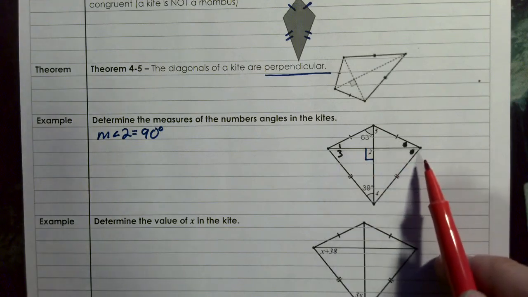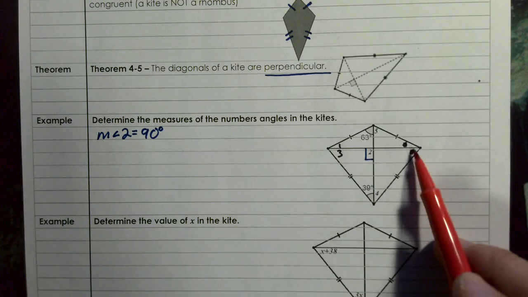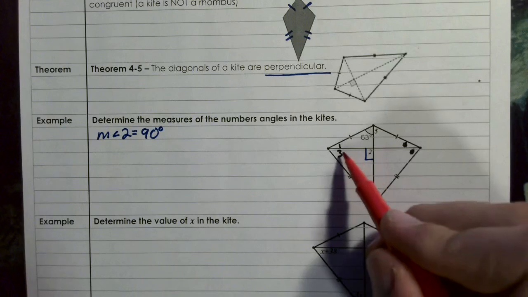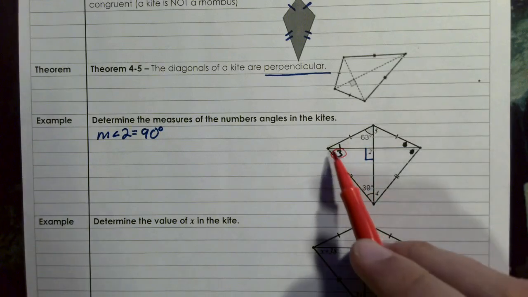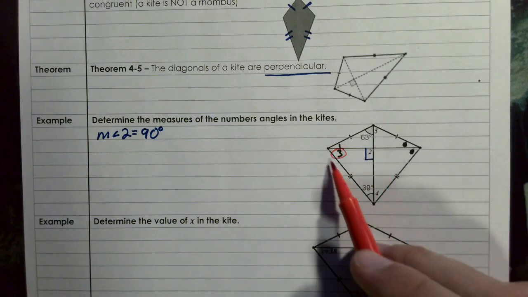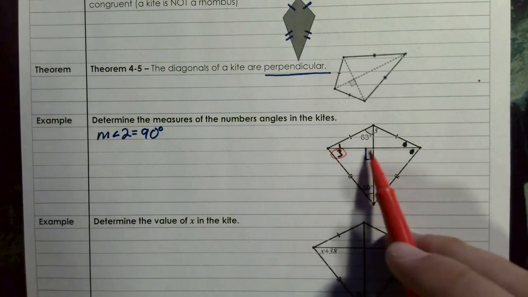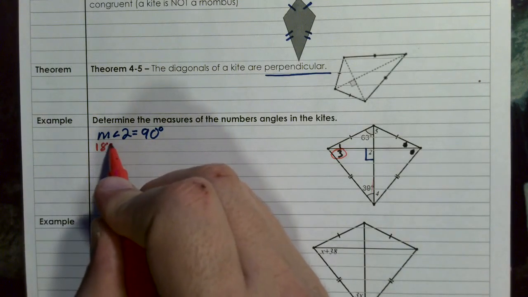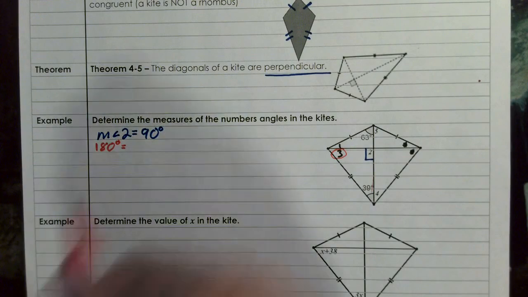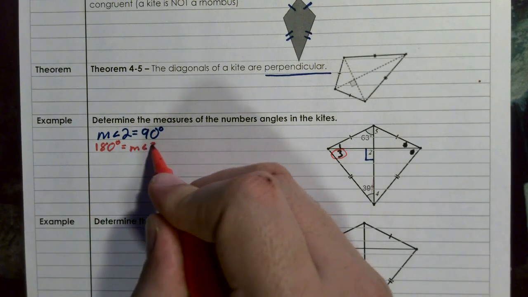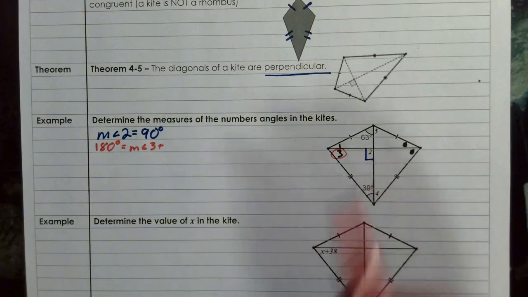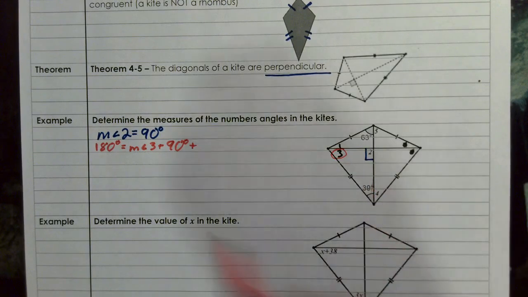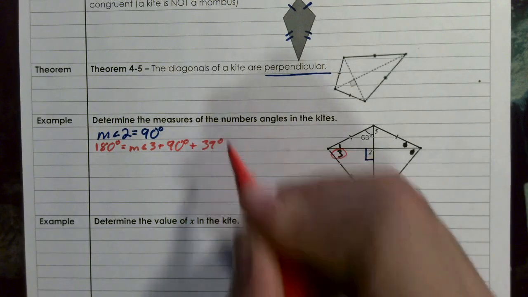Now there was a little typo in my diagram, so I moved the 1 and 3 that was over there over to here. So if I wanted to figure out what the measure of this angle is, I can see that inside of here, I've got a little right triangle. And I know that a triangle has 180 degrees. So I know that 180 degrees has got to equal the measure of angle 3 plus the 90 degrees that I just got plus this 39 degrees down here.